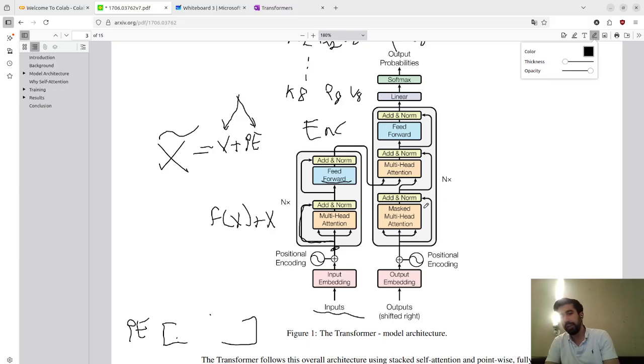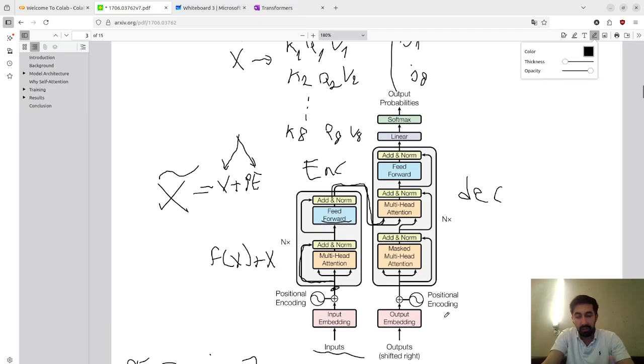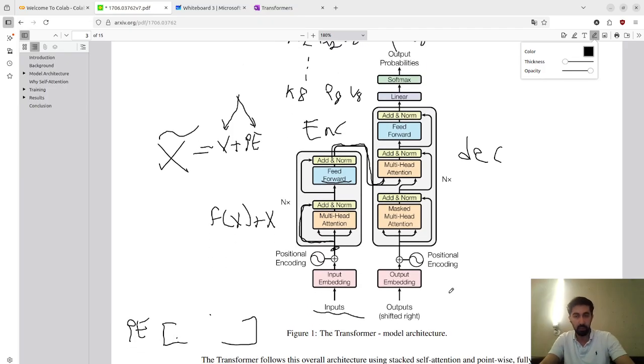The encoder basically encodes the higher-level picture of the input paragraph. Now, as you can see, the encoder sneaks its output into the second part, which is the decoder.